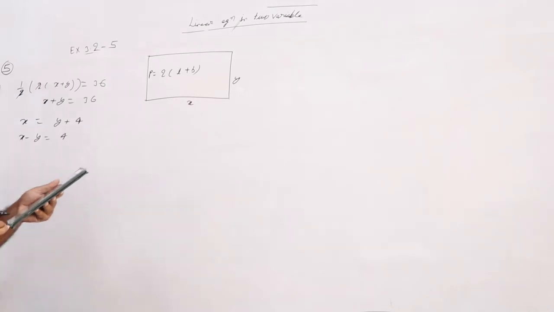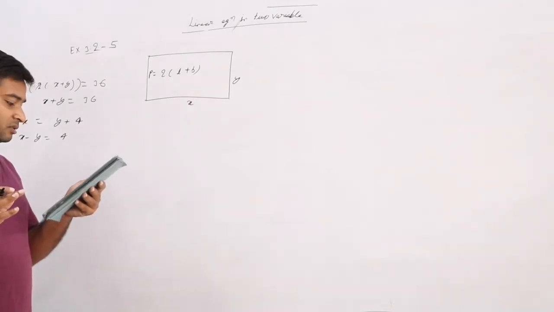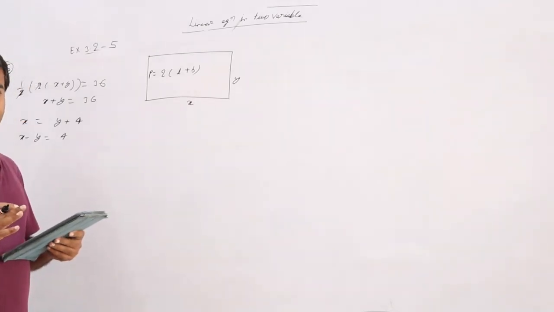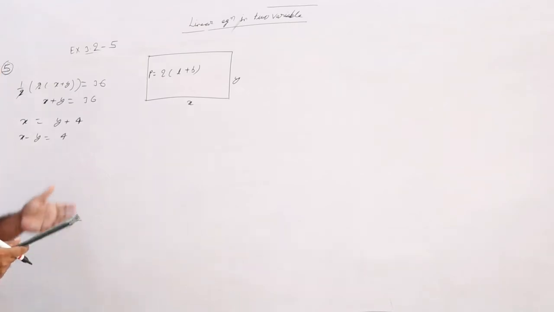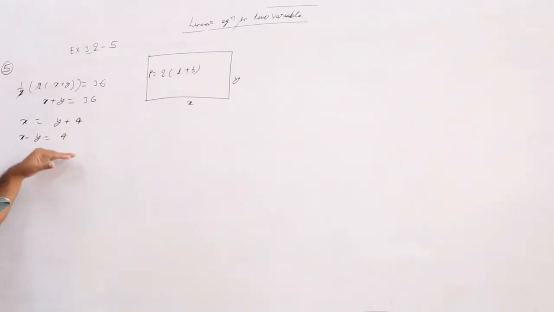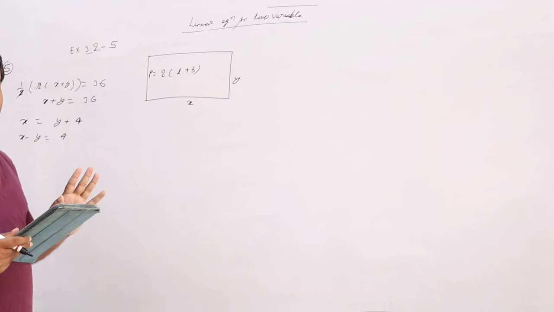Then saying find the dimension of the garden. Now if you are interested to find it graphically, correct? Find by graph, because the question is not saying you should find by graph or by equating these two equations. In both situations you will get the same answer only.